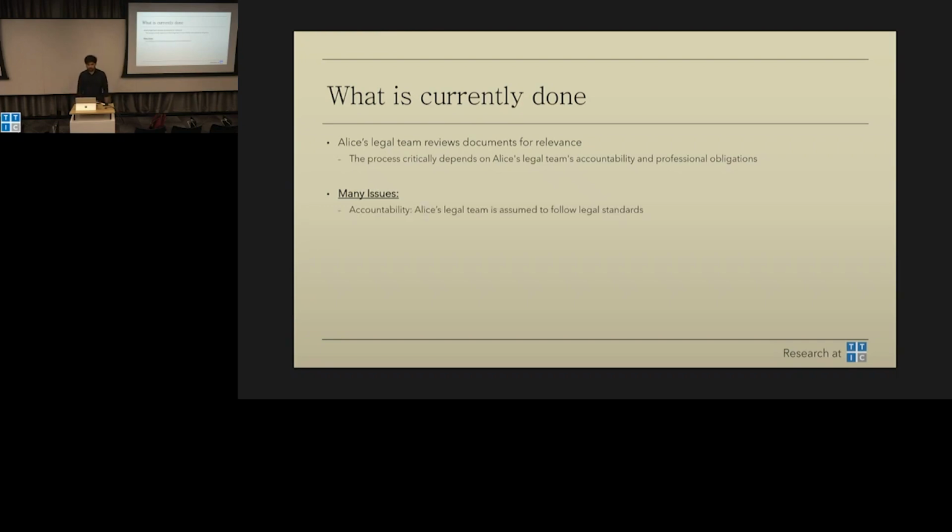You have to assume that Alice's team would follow the legal standards when they review. There is also the transparency issue that Bob has no way of being certain whether all documents relevant to their situation have been revealed. And there is also a misalignment of incentives for Alice's legal team, because they are asked to conduct professional responsibility which is not benefiting their employer.